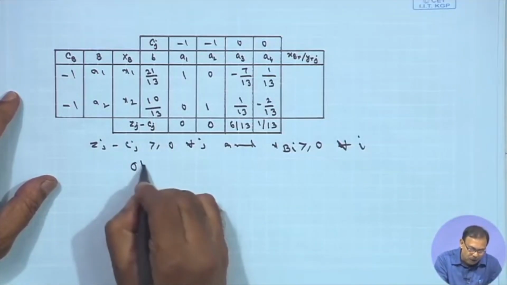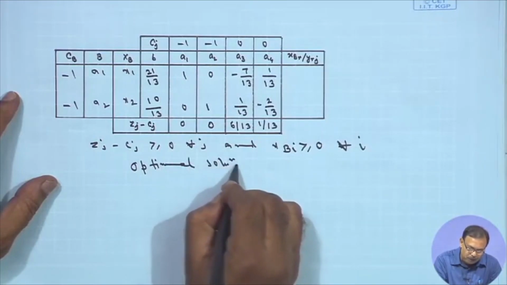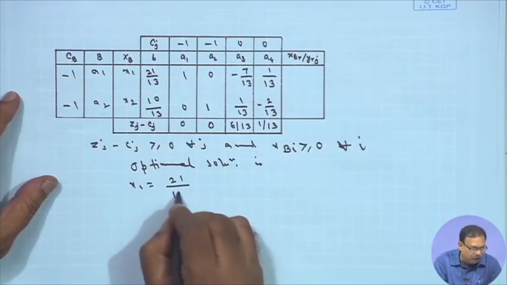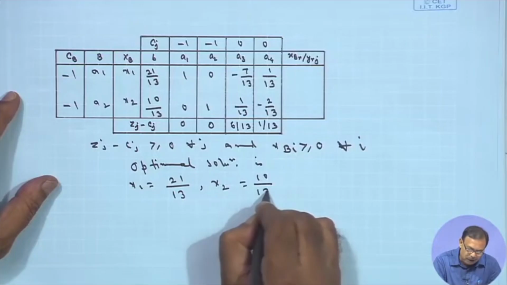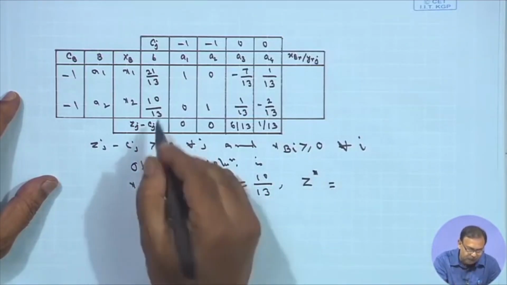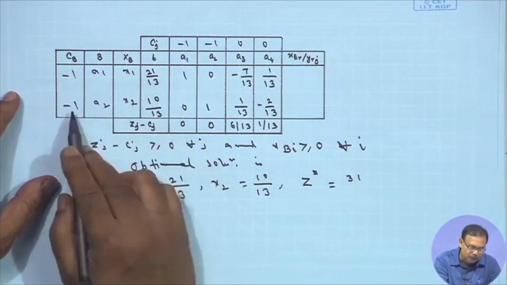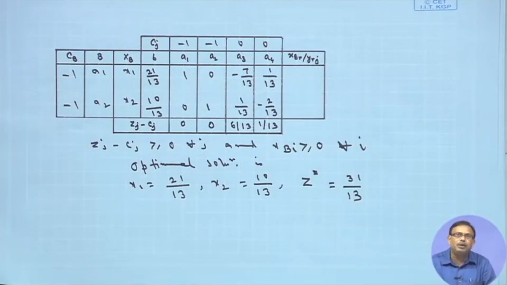Therefore, your optimal solution is x 1 equals 21 by 13, x 2 equals 10 by 13, and z star, if I calculate, this into this plus this into this, is 31 by 13.